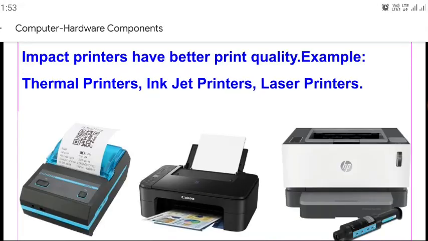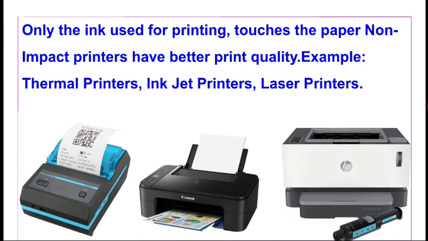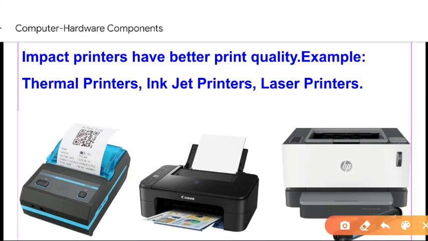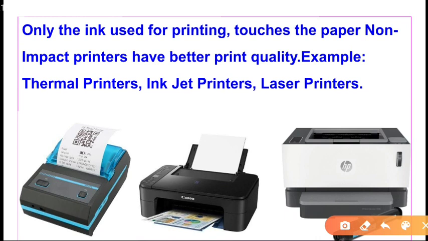They do not allow the printing head to touch the paper. Only the ink used for printing touches the paper. Non-impact printers have a better print quality than the impact printers.